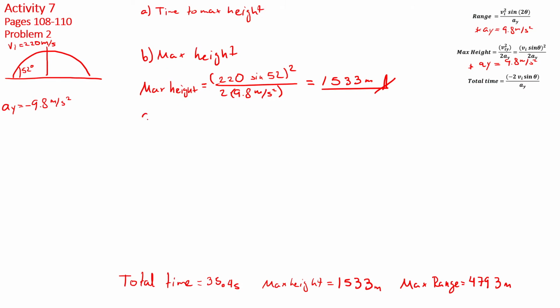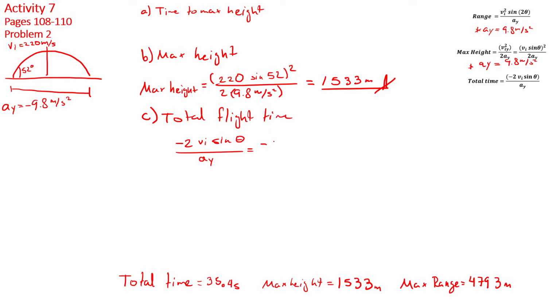Then question C is asking for the total flight time. So the total time from the end to the beginning. And that will be given by this formula: minus 2 multiplying initial velocity times sine of the angle, divided by acceleration in the y-axis. Here, the acceleration will be negative.